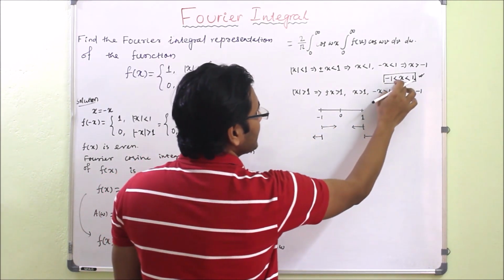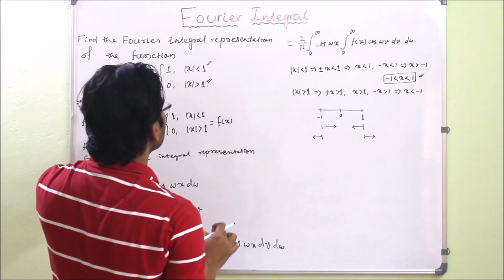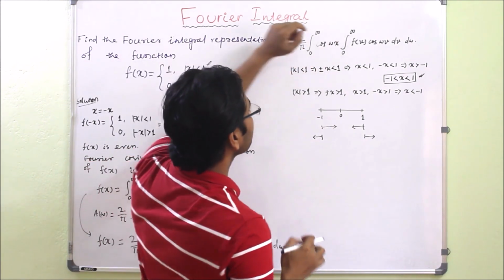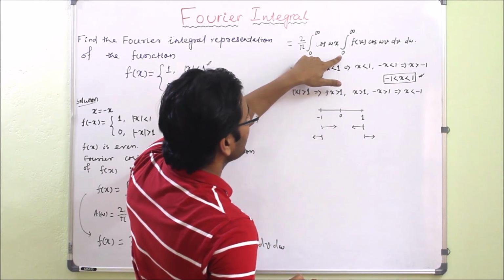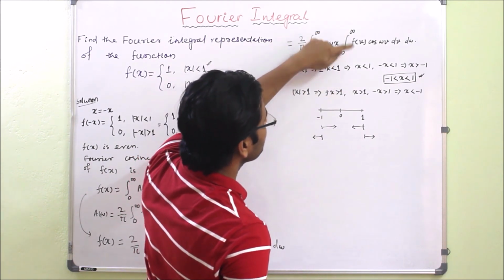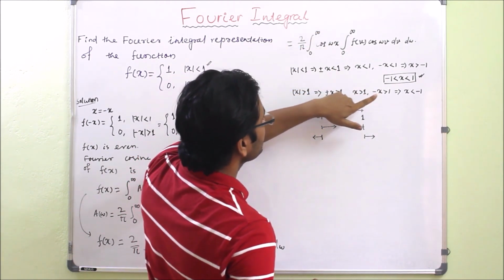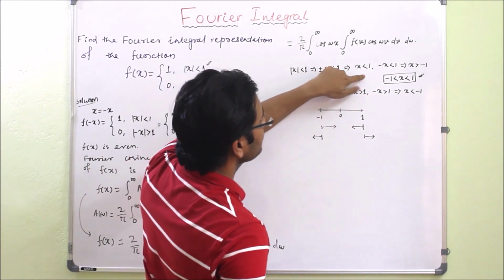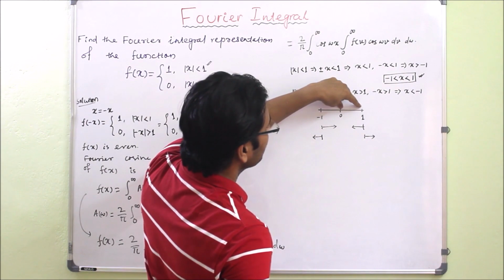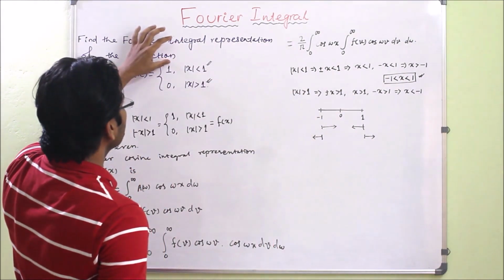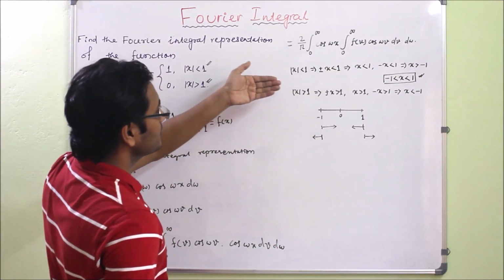Now we apply this domain, find the function value and replace it here. We know our integration is defined over 0 to infinity. From 0 to 1 the value is 1, but after 1 the value is 0.